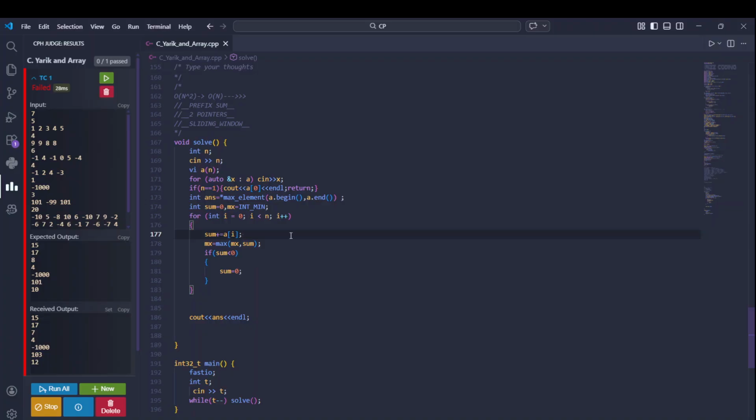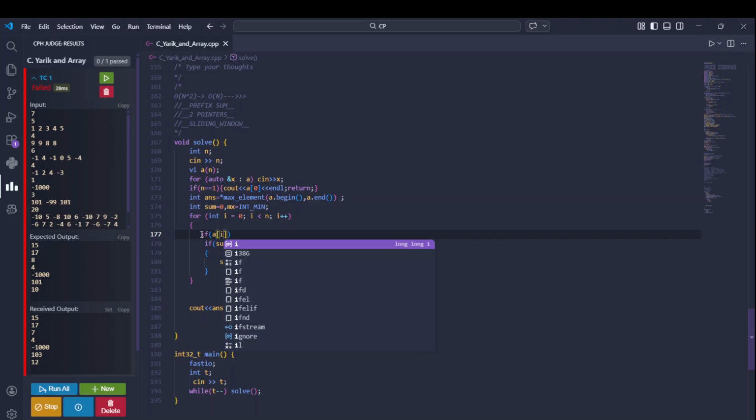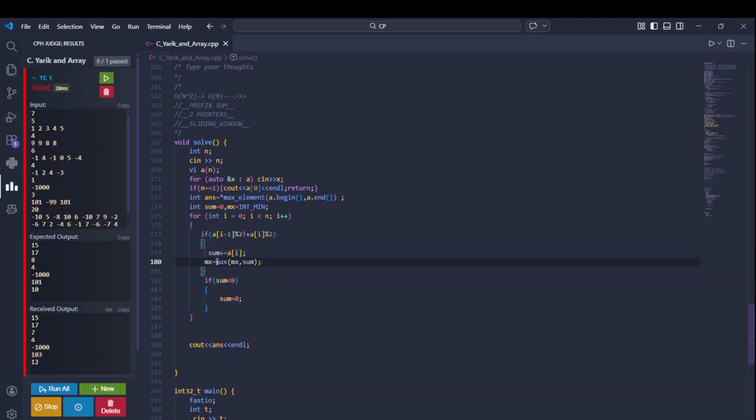So I'll just gonna say, if both are same parity, so I can just do Kadane's algorithm.